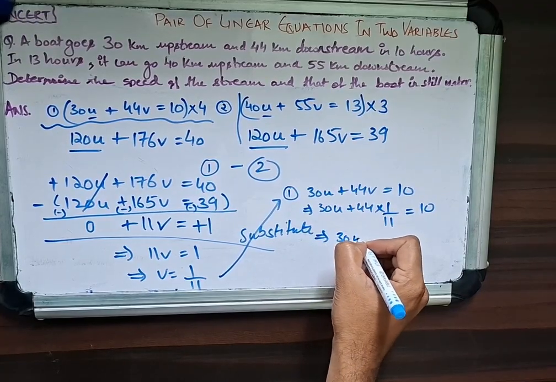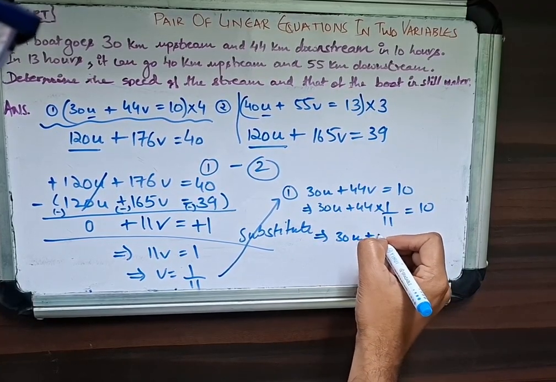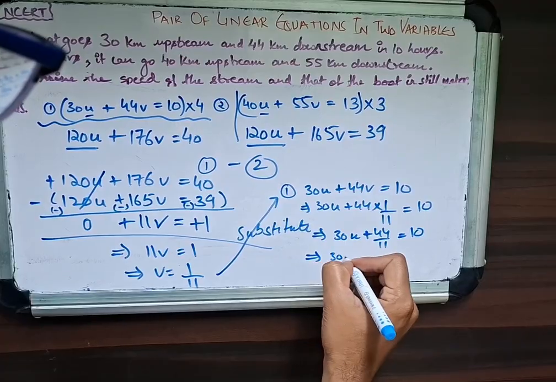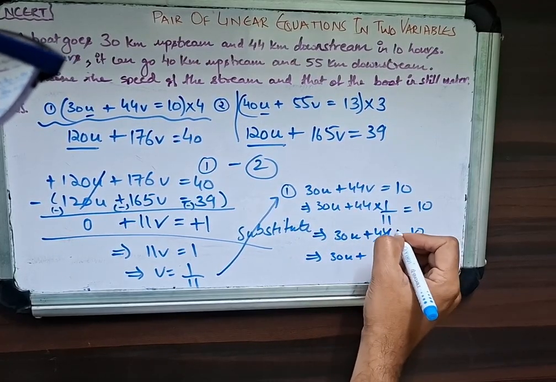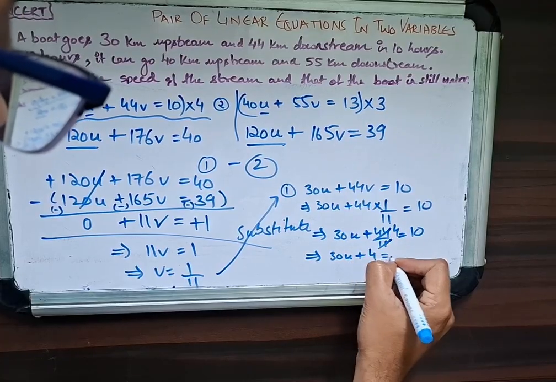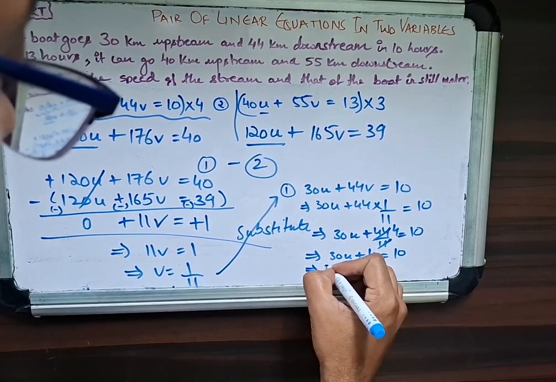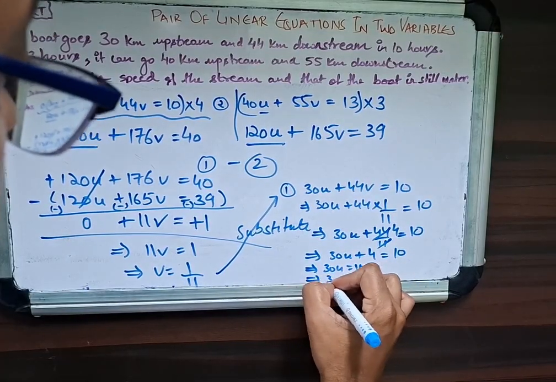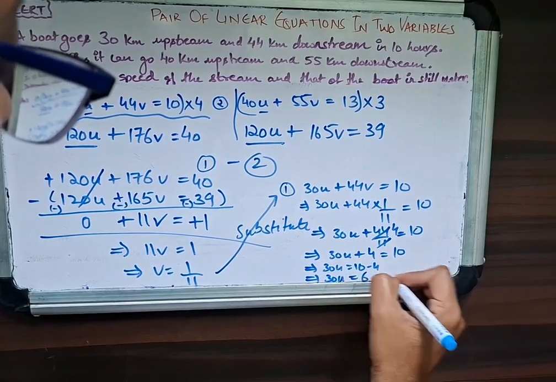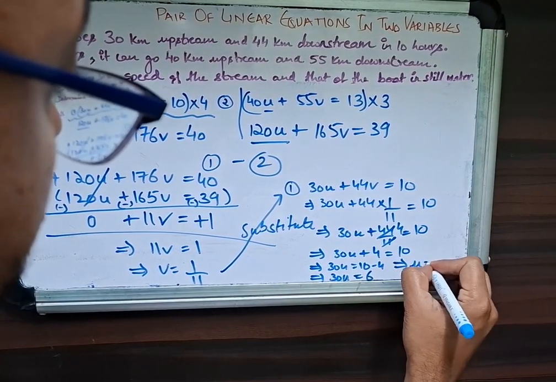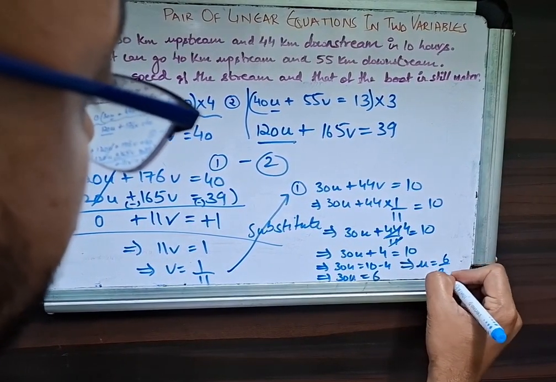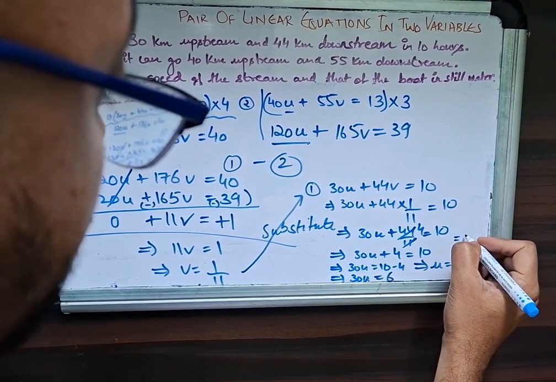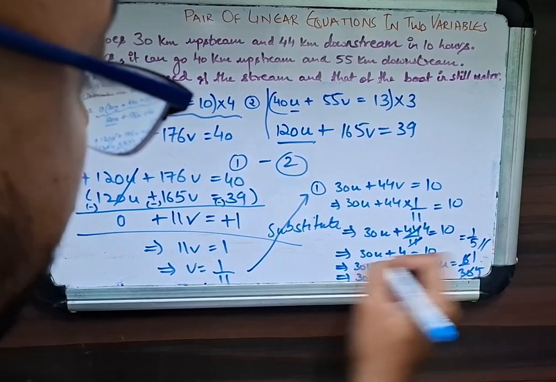Implies 30u plus 44 upon 11 equal to 10. Implies 30u plus 4 is equal to 10, since 11 fours are 44. Implies 30u is equal to 10 minus 4. Implies 30u is equal to 6, which implies u is equal to 6 upon 30. 6 ones are 6, 6 fives are 30. So u is equal to 1 upon 5.